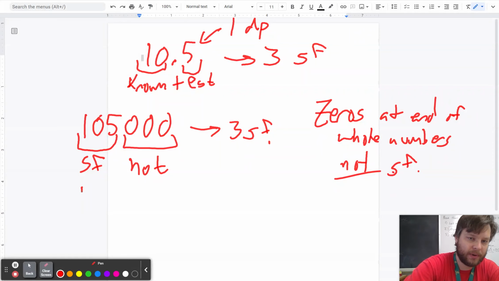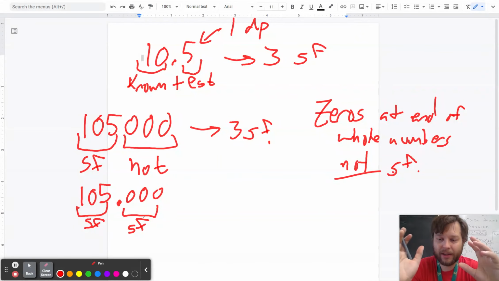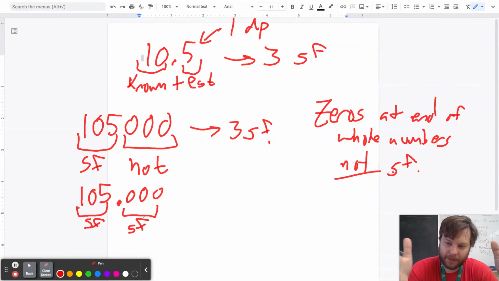However, if I had a number like this, 105.000, these are significant figures. These are also significant figures. The idea there is if I just meant 105, I would have just written 105. But putting the 0.000 means I've got a super precise ruler. So if you write zeros after the decimal, you're communicating you had a super precise measuring tool.